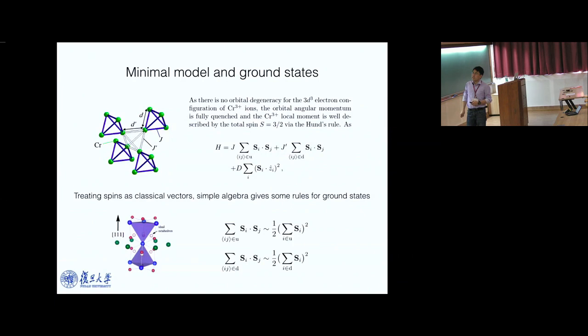But for the single ion anisotropy, if D is positive, then we prefer the spin to be perpendicular to the Z direction.